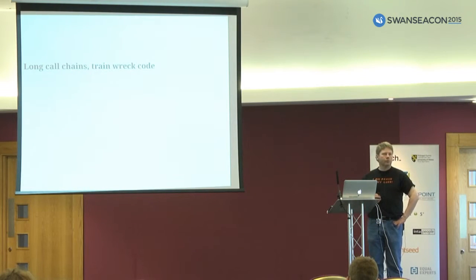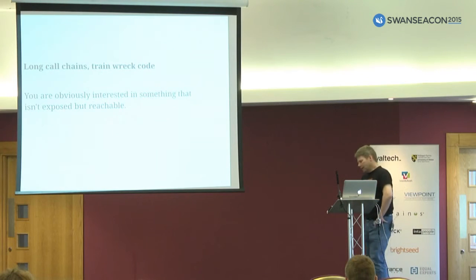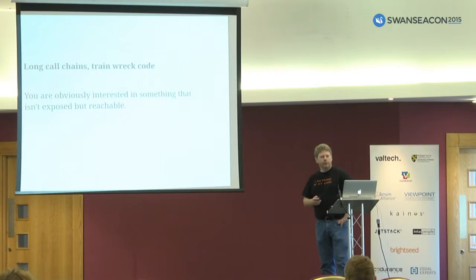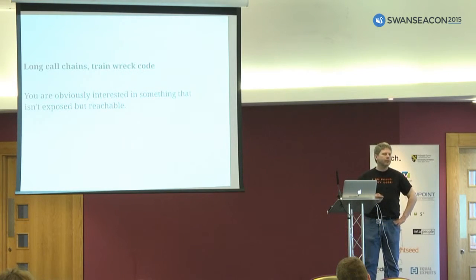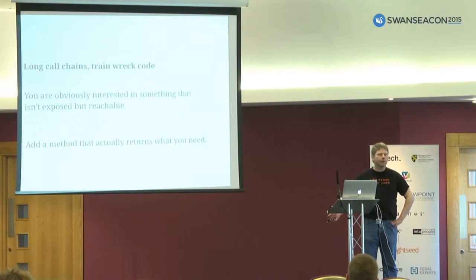Train wreck code: we saw an example earlier, a couple of examples actually. And this is obviously a case where you're interested in something that isn't exposed, but it's possible to reach. Again, add an abstraction. It's easy.